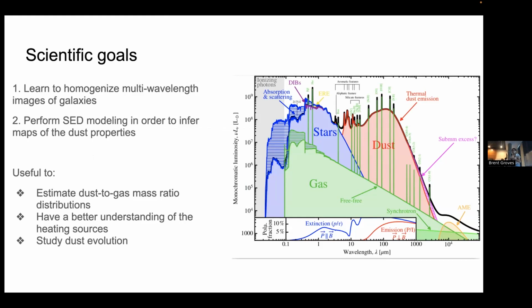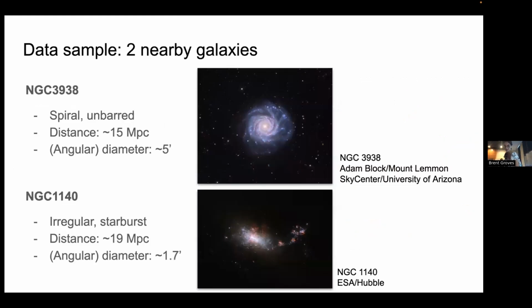These goals can be useful to estimate the dust-to-gas mass ratio, to have a better understanding of the heating source, and also to study properties of dust in order to gain information on dust evolution. Just to say, the 2 main goals were pursued by all of us. We didn't share the work, or at least we tried to do all of the work.